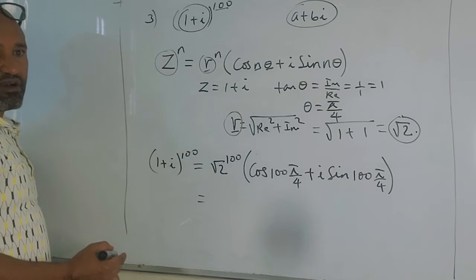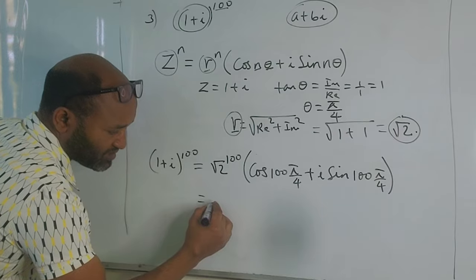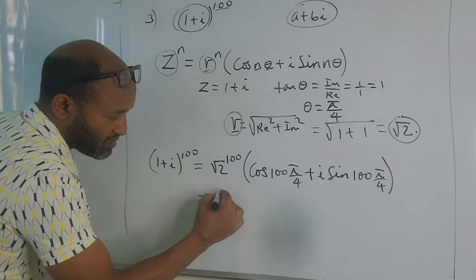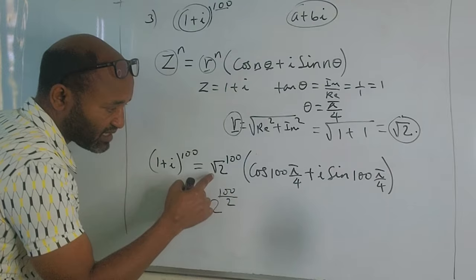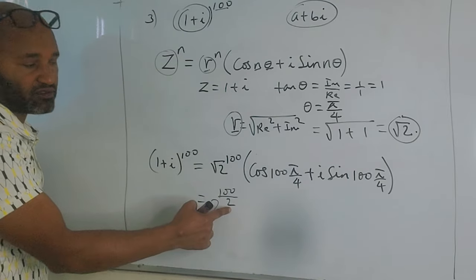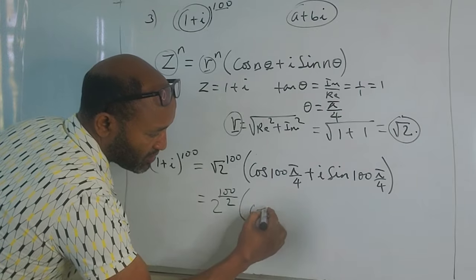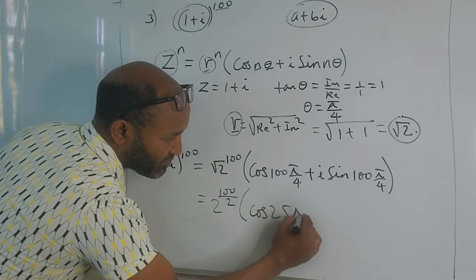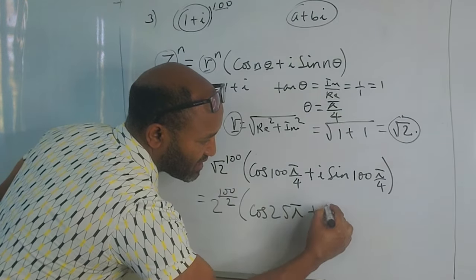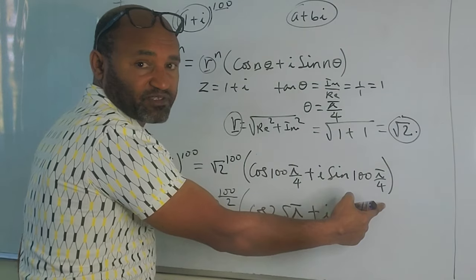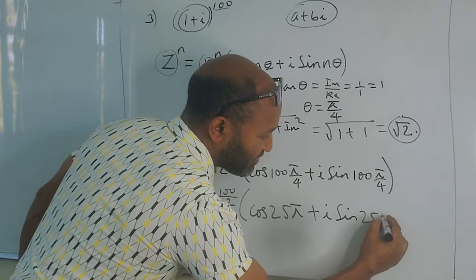This is equal to radical 2, which means to the power of 1 over 2, so times 100, 100 over 2. In brackets, 100 over 4 gives cos 25 pi plus I sine 25 pi.